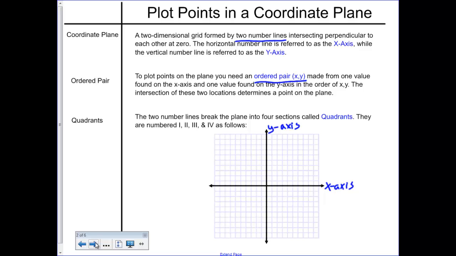So if I were to plot a point right here, that point would have an x value and a y value. And if I count out, the x comes first. That point is 1, 2, 3, 4 over on the positive. So that would be 4. And 1, 2, 3 up on the positive y. So that point would be at 4, 3.